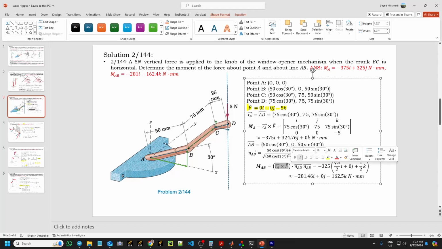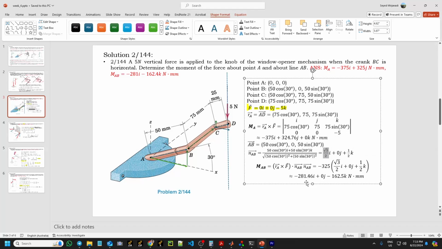So this is the formula that we need to memorize: R cross F dot the unit vector, the dot product of the moment and the unit vector, times the unit vector. So first we need to obtain this. We have already obtained the R cross F, which is this. And also we need to do the dot product of the MA times this.